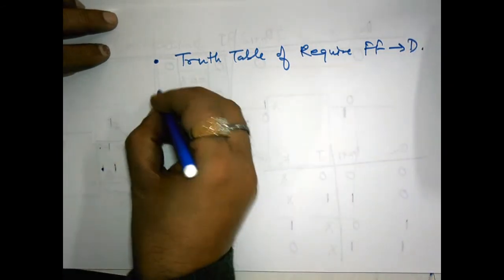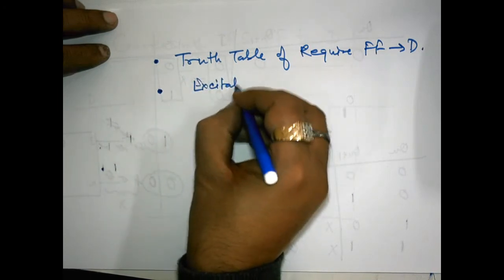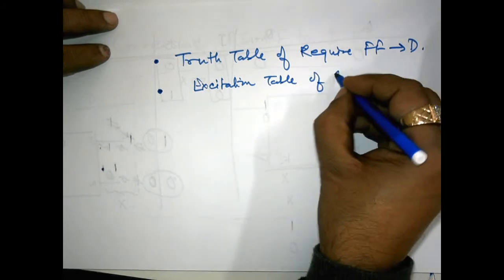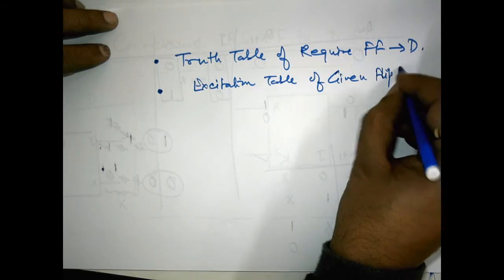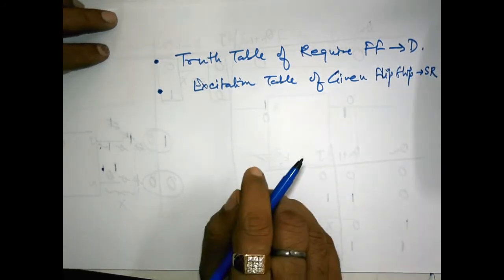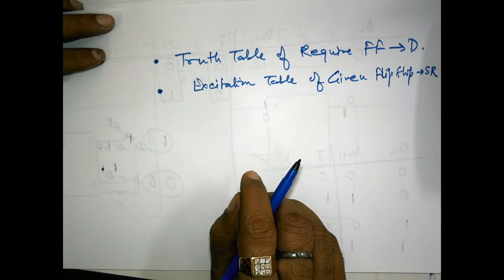And then you draw the excitation table of the given flip flop. And what is the given flip flop? SR flip flop or RS flip flop. Okay, and then we can proceed for the designing.